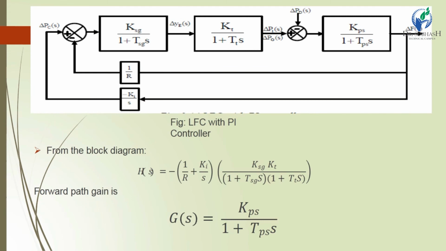From the block diagram, H of s is equal to minus 1 upon R plus Ki of s, into Ksg into Kt upon 1 plus Tsg into s, 1 plus Tt into s. The forward path gain is G of s equal to Kps upon 1 plus Tps into s.